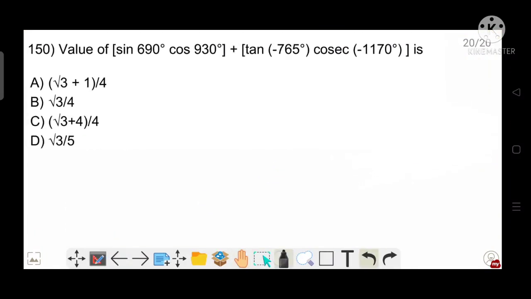Last question. Okay, last question. Value of sin 690 cos 930 minus of it.